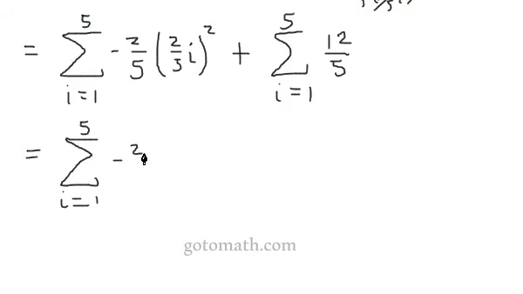So we have negative 2 times 5, and remember we can take this negative 2 and bring it out front, but I'll do that here in a minute. 4 over 25, and then i squared, plus, and I'm just going to rewrite this one here.